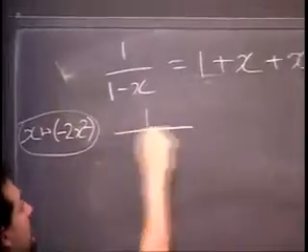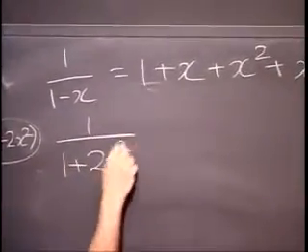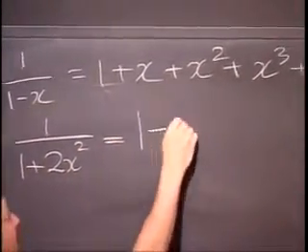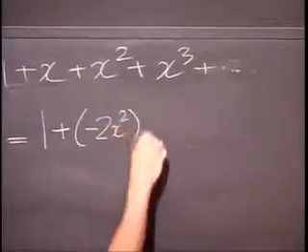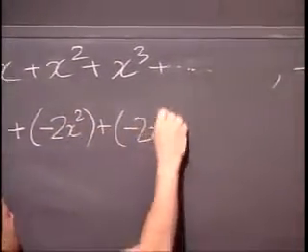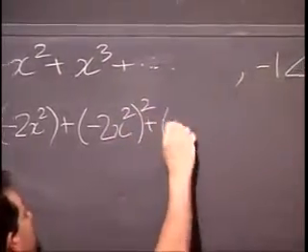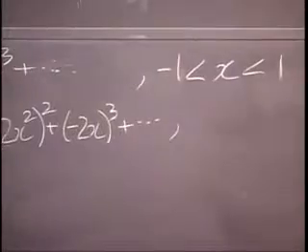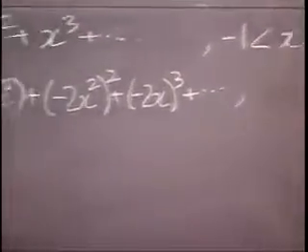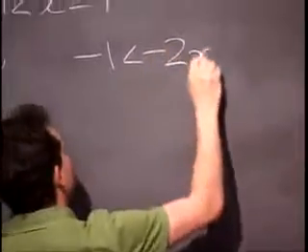And so we get 1 over 1 plus 2x squared is equal to 1 plus minus 2x squared plus minus 2x squared all squared plus minus 2x squared all cubed plus dot dot dot. This is true when -1 is less than minus 2x squared is less than 1.